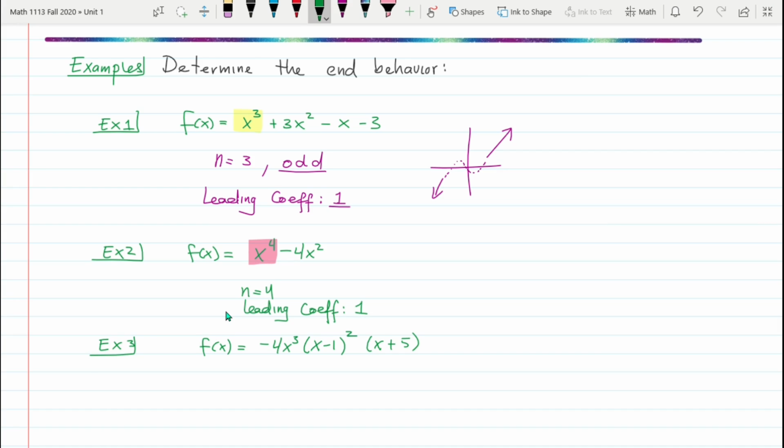So we have an even power and a positive coefficient. If we draw a graph of it, both legs are pointing up. Even power, positive coefficient.